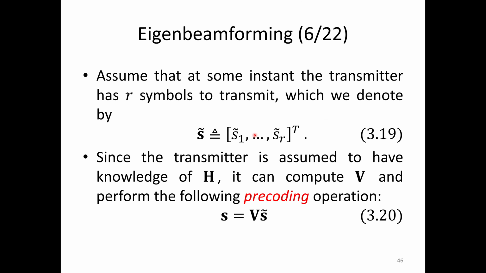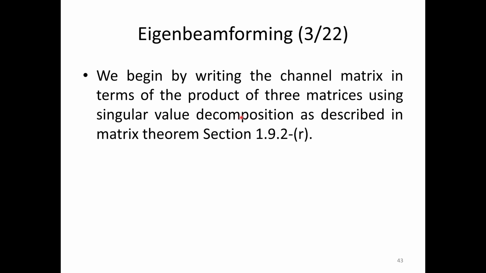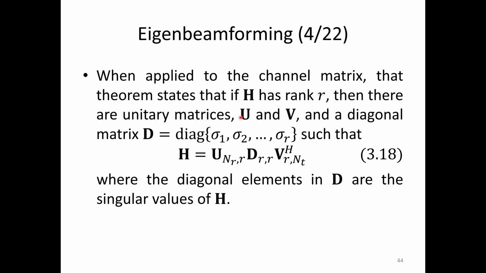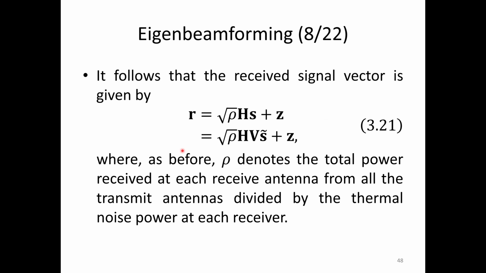Let us go back to the previous slides. The matrix V is a unitary matrix such that H is equal to U D V Hermitian. This is the singular value decomposition of H. Let us go back to here, and S tilde. What is S tilde?